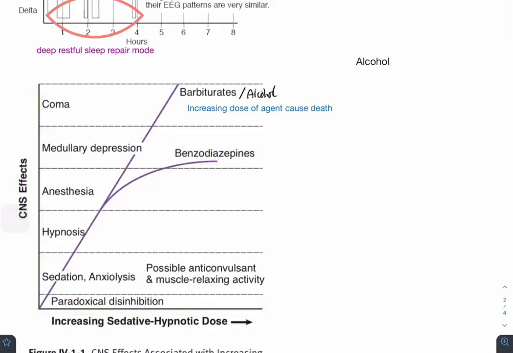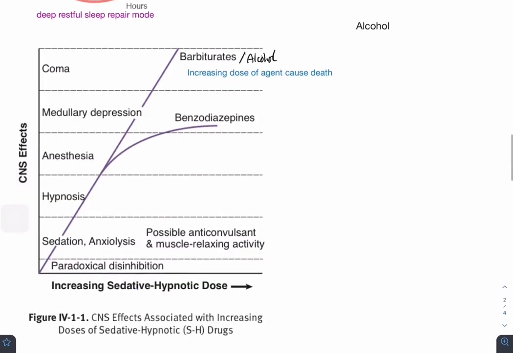Okay, let's look at this graph together. Benzodiazepines are also called benzo. Barbiturates, sometimes we call by the short form BARB. Both of these drugs would give you a sedative mode, and they are also hypnotic, both of them.